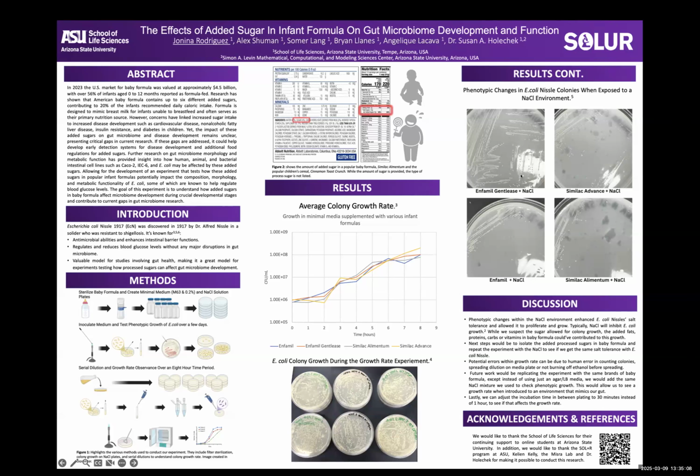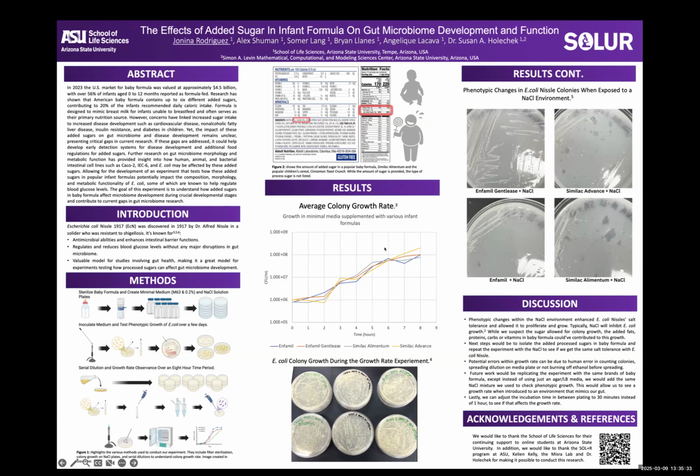We did find that the more sensitive formulas have more corn syrup solids, more added glucose, and more just added processed sugars in general. So we're thinking that the processed sugars helped E. coli Nissle grow over time, and that the amount of processed sugar also played a factor.